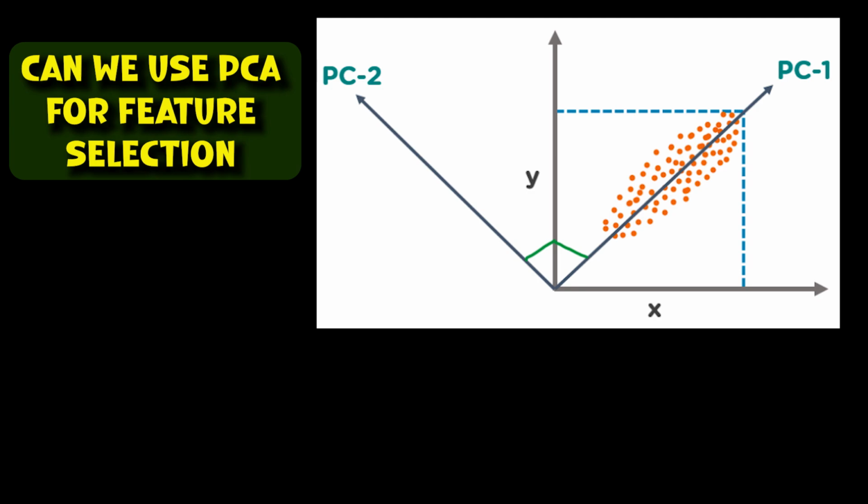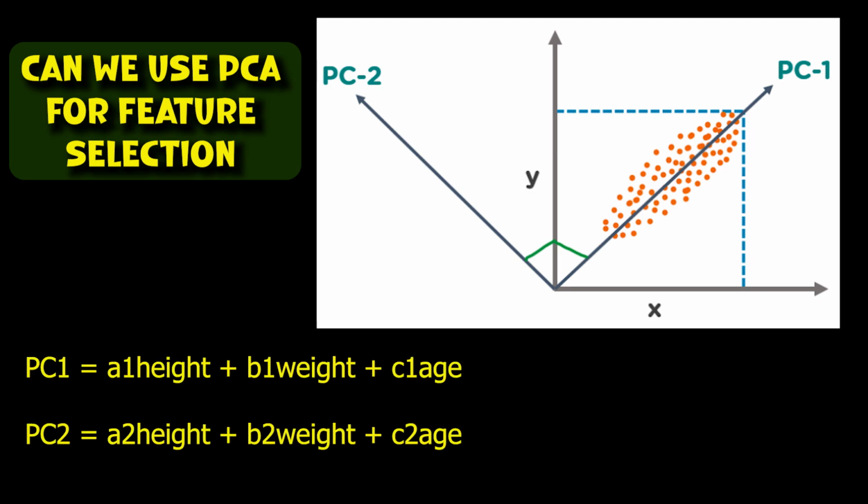Suppose we have a dataset with three features: height, weight, and age. Now, in PCA, we aim to find a new set of variables that are linear combinations of the original features. Let's say we have two principal components, PC1 and PC2, represented with this formula: PC1 equals A1 multiplied by height plus B1 multiplied by weight plus C1 multiplied by age, and PC2 is represented as A2 height, B2 weight, and C2 age.